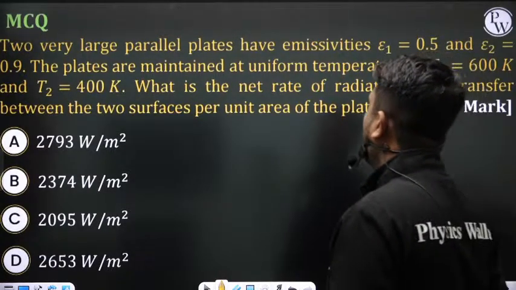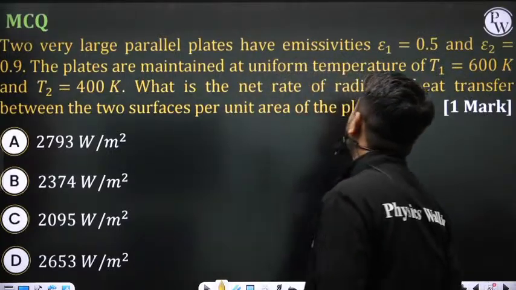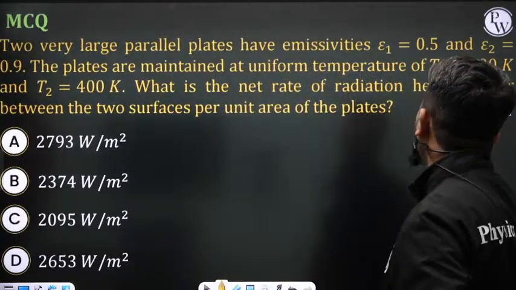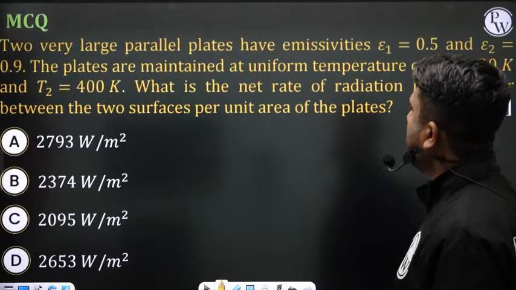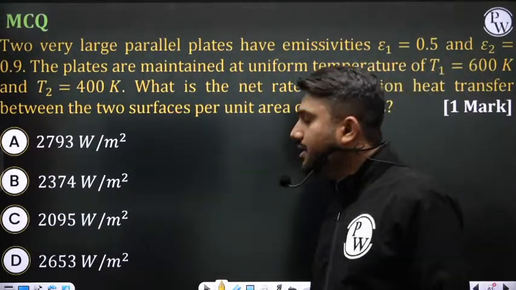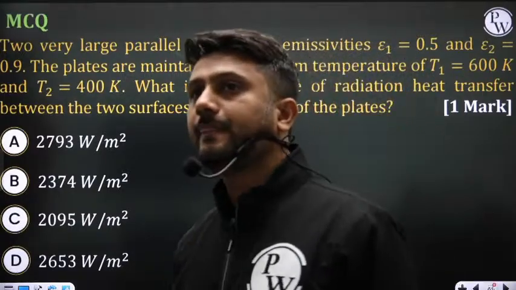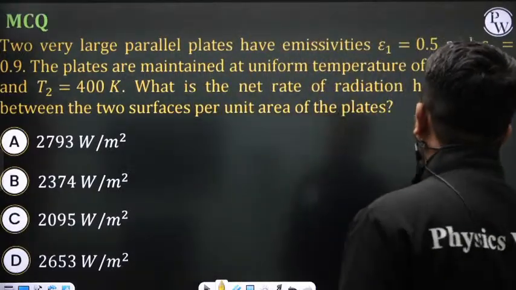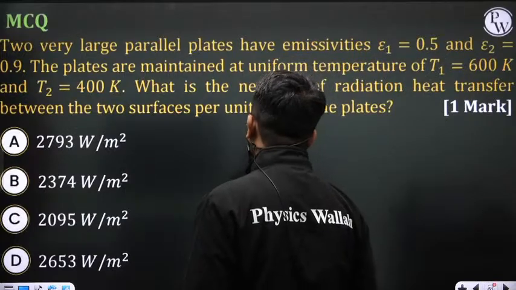Two very large parallel plates have emissivity epsilon 1 of 0.5 and epsilon 2 of 0.9. Plates are maintained at uniform temperatures of T1 600 Kelvin and T2 400 Kelvin. What is the net rate of radiation heat transfer between the two surfaces?